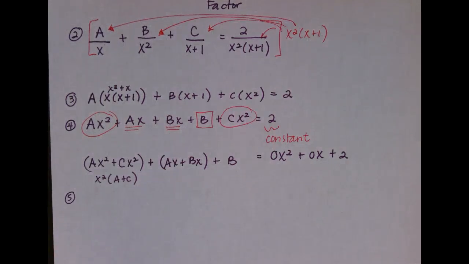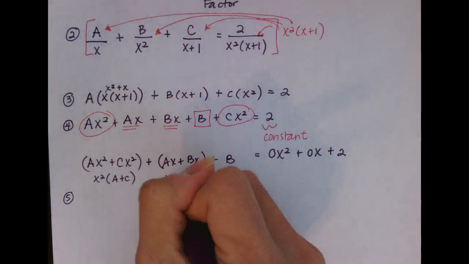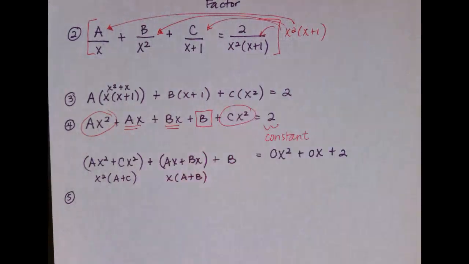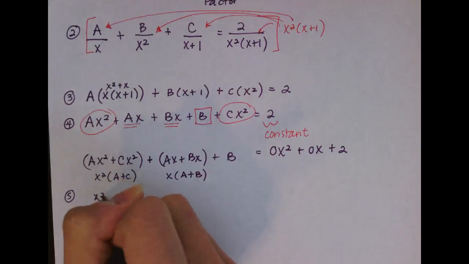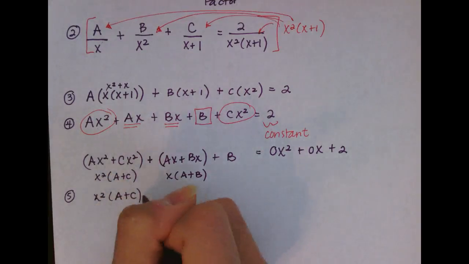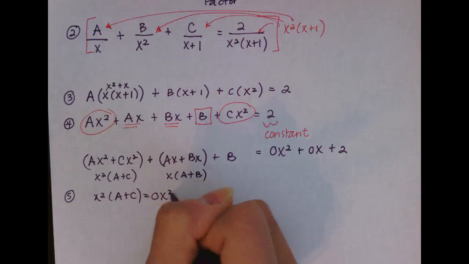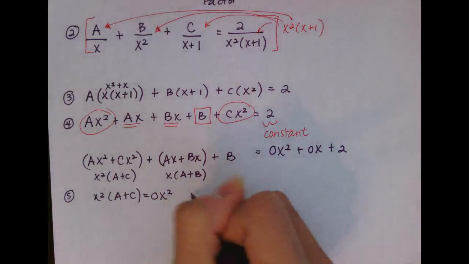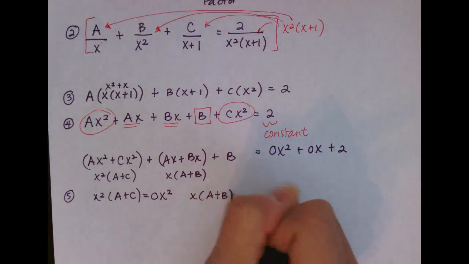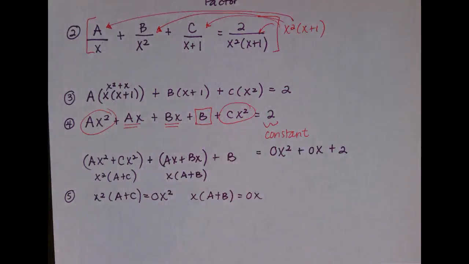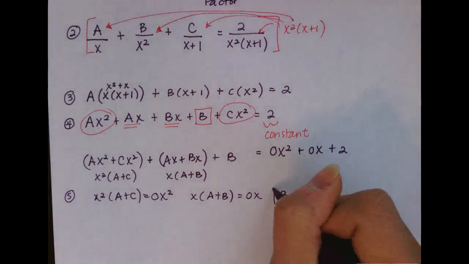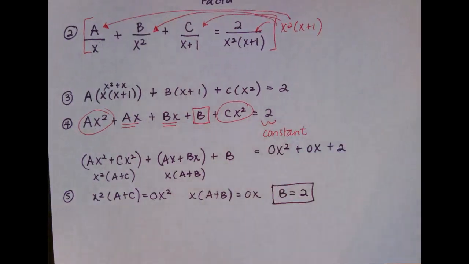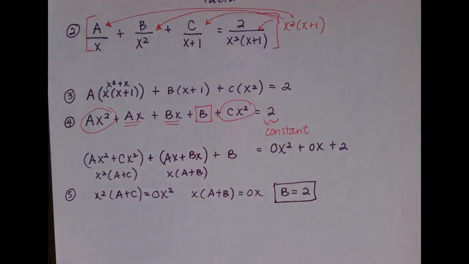So if I factor out an x squared, I have a plus c. And if I factor out an x, I have a plus b. So my three equations are that x squared times a plus c equals 0x squared. x times a plus b equals 0x. And then b equals 2, which is a really great equation to have. It's going to make our system of equation solving much easier.